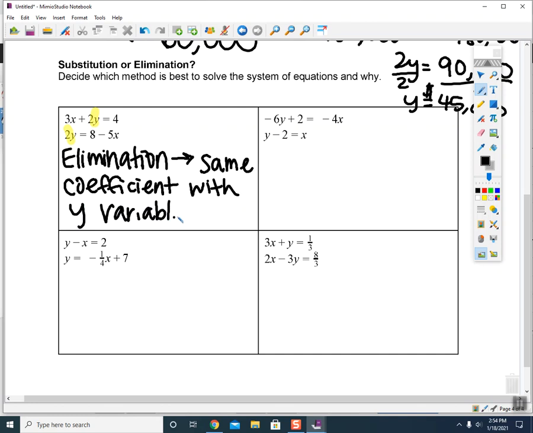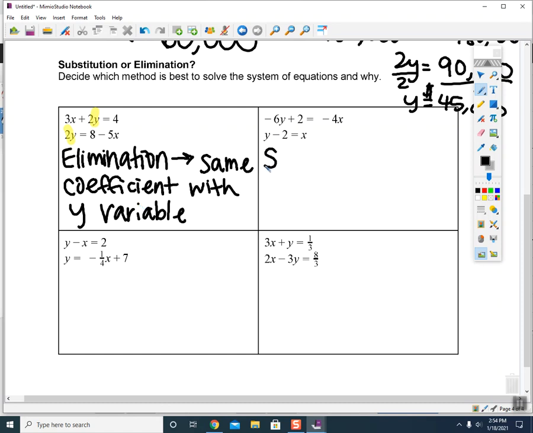So I can easily eliminate y. Okay? So then, if I look at the next one, I have negative 6y plus 2 equals negative 4x. y minus 2 equals x.